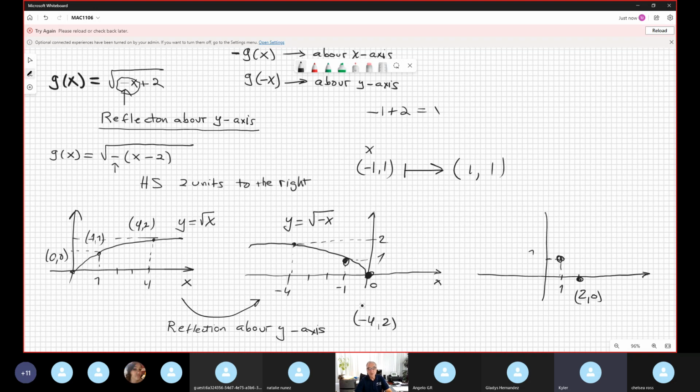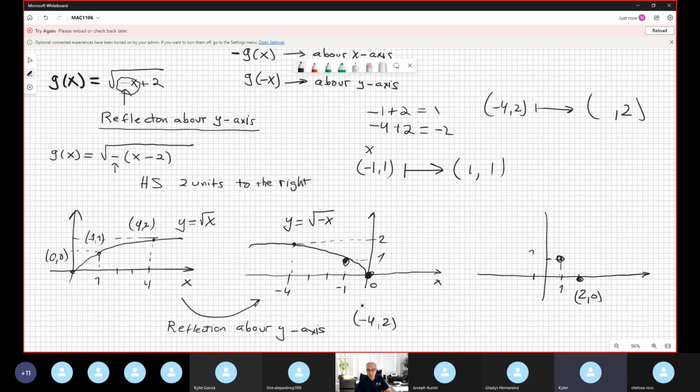Okay, (-4, 2) is transformed to another point. The y doesn't change, because it's a horizontal shift, no vertical shift, and you are adding 2 units to the first component, which is -4. -4 plus 2 is -2.